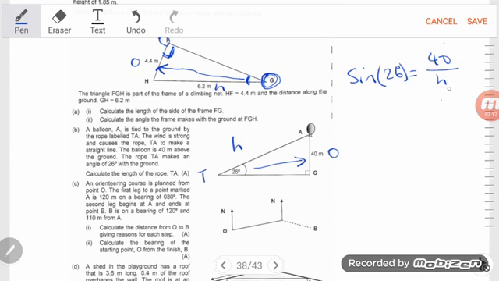Okay, so we're looking for the hypotenuse. Let's rearrange this. The h is on the bottom, so essentially the sine of 26 degrees and the hypotenuse switch places. So we end up with h is equal to 40 over sine 26 degrees.